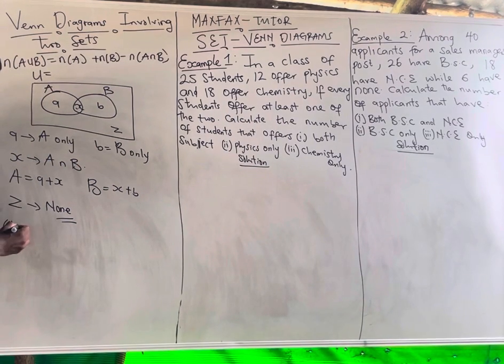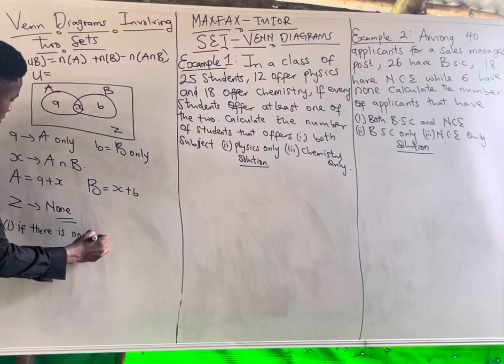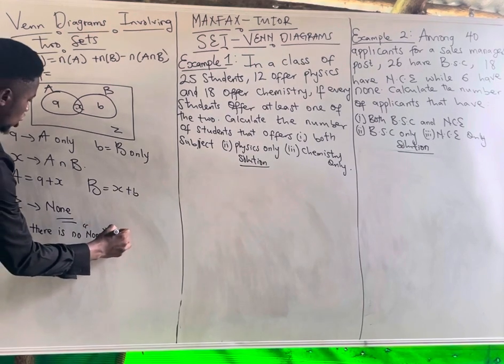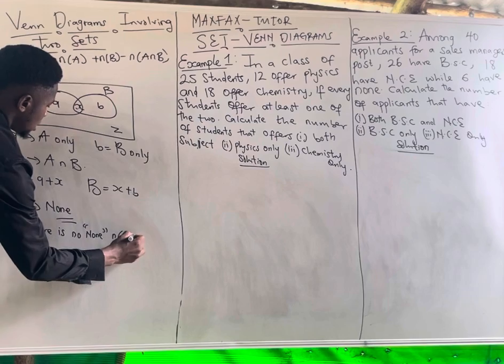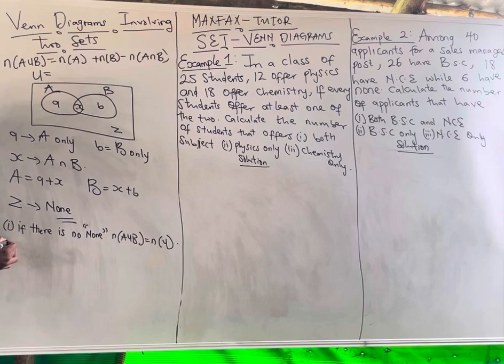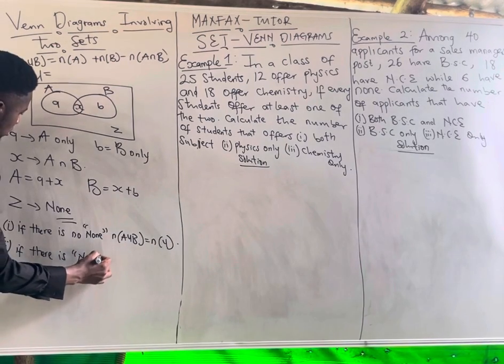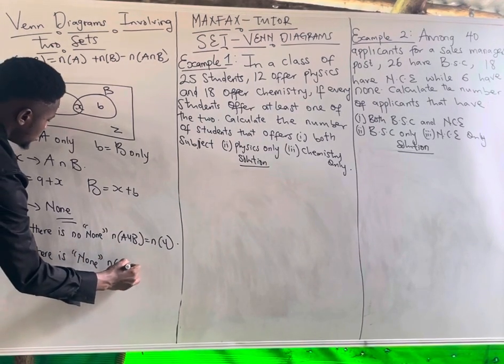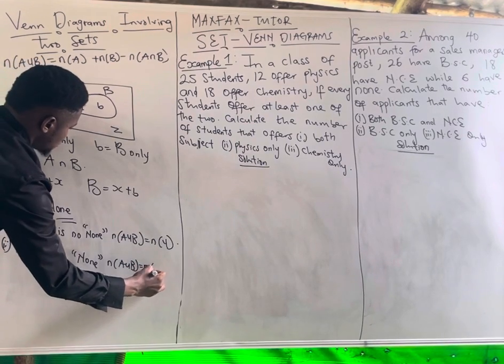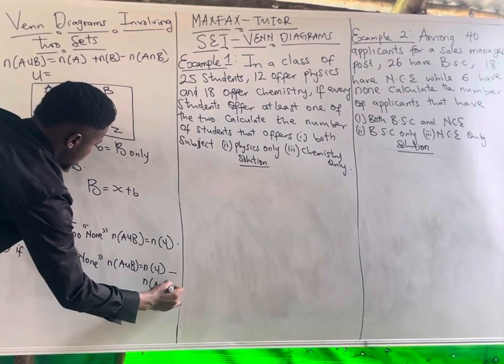One, if there is no none, your N(A union B) would equal the N of the universal set. But if there is none, then your N(A union B) will equal N of the universal set minus N(A union B complement).